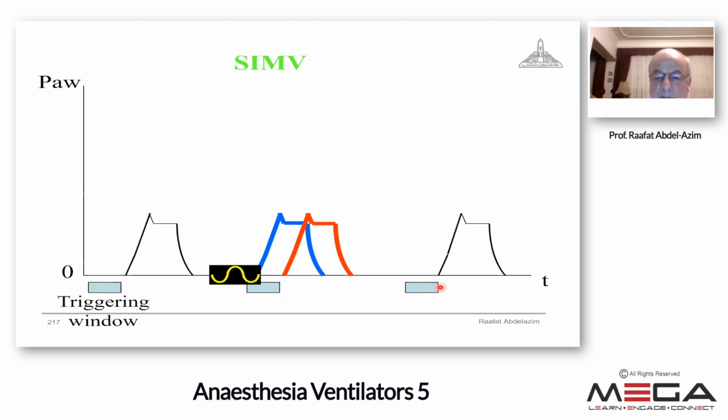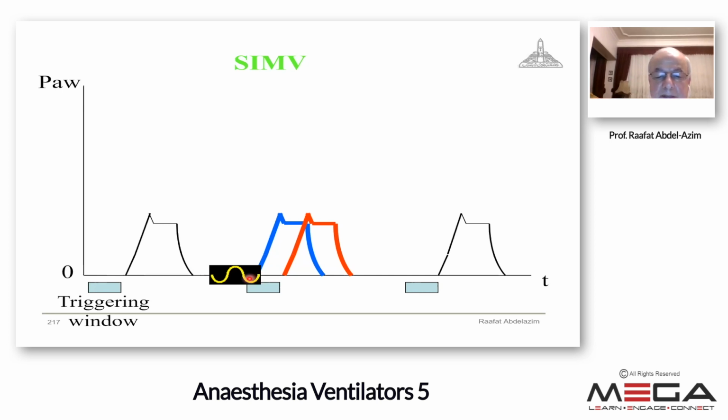For example, if the rate is 10 per minute, then every 6 seconds there will be a triggering window to sense the patient effort. If there is no effort, the stroke will begin. If there is inspiration, then expiration, then inspiration, then this is the time for the stroke.